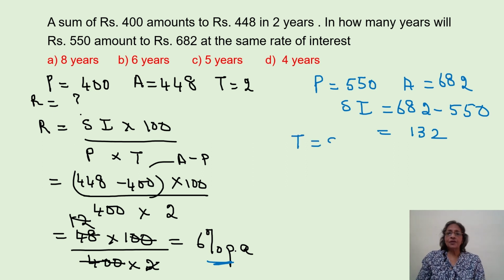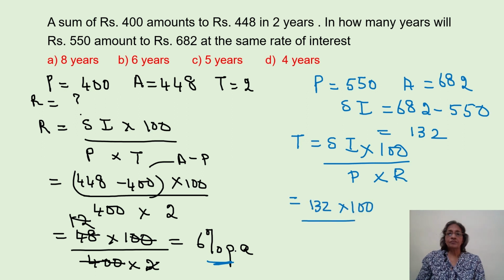Now the time period will be simple interest into 100 upon P into R. So simple interest is 132. Rate is 6. So 11 5s are 11 2. And we get the answer as 4 years.